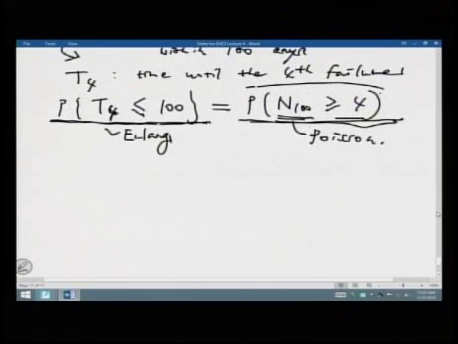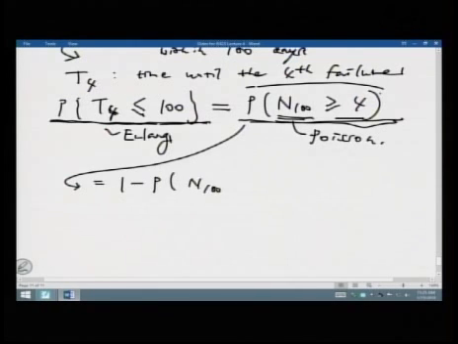So using the Poisson distribution, this is going to be the same as 1 minus P of N sub 100 less than or equal to 3. Is that right? So how do you get this?